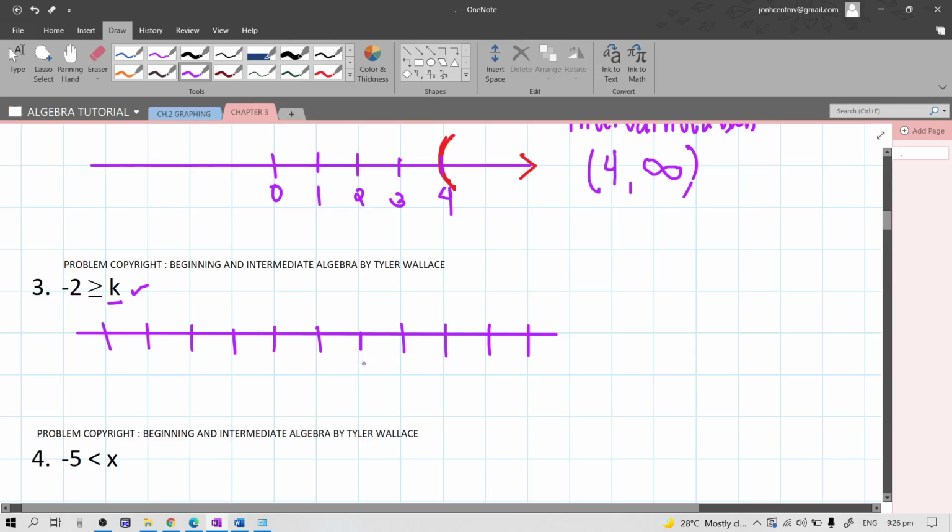So, ibig sabihin, that is, k is smaller than negative 2. So, this is negative 1, negative 2, and so on. Let's say this is negative 10. Since this is greater than or equal to, we use the bracket.